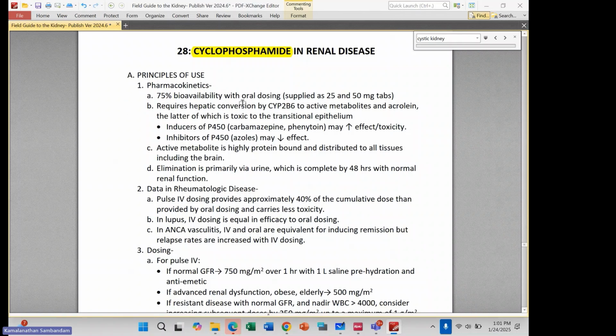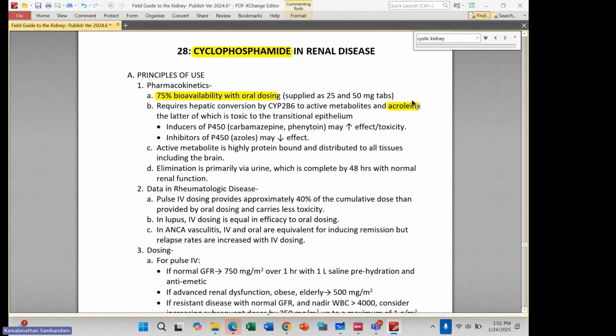This is a fairly bioavailable drug, and so oral dosing is an effective means of delivery. And once again, oral cyclophosphamide is more potent an intervention than IV cyclophosphamide, simply because you get more total dose. When you're giving it daily over 3 to 6 months, you get more than you're getting if you're giving it in pulse IV dosing. Okay?